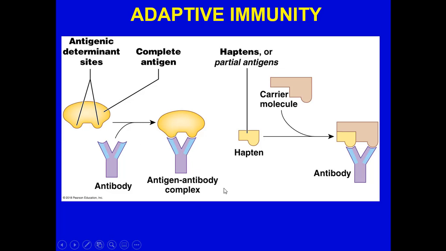Yay, you got them. A hapten or a partial antigen doesn't fit as well. It maybe only goes to one of these. That's where you have the larger carrier molecule here. You attach them together, you conjugate them as it's called, and they're able to create a complete antigen antibody complex, and then you will have a form of adaptive immunity.